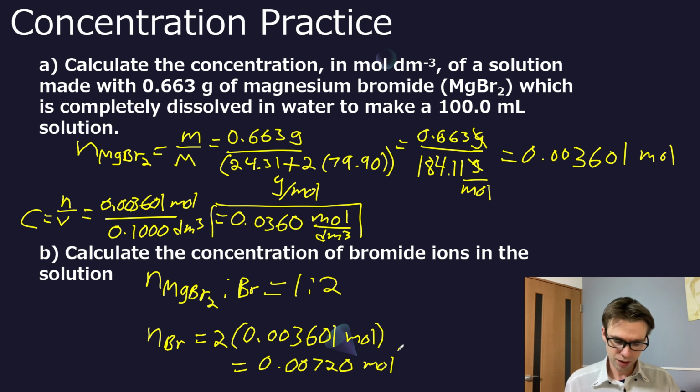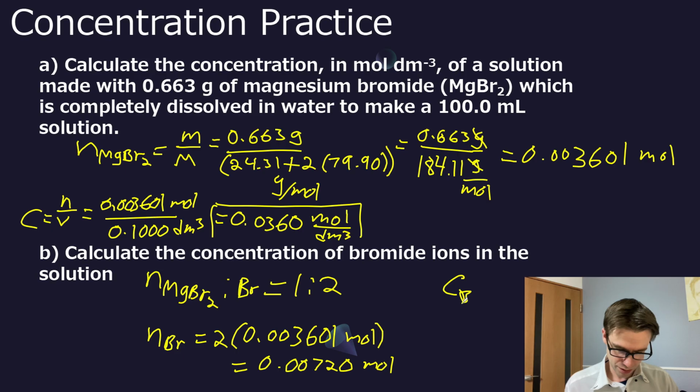And that amount will also be divided by the same volume. We're still in a 100 milliliter solution. You don't have to do these first 2 steps, actually. You can just jump right to the concentration, because the concentration will be just double that of MgBr2, but I'm just showing some smaller steps for anyone who needs them so that they can follow.